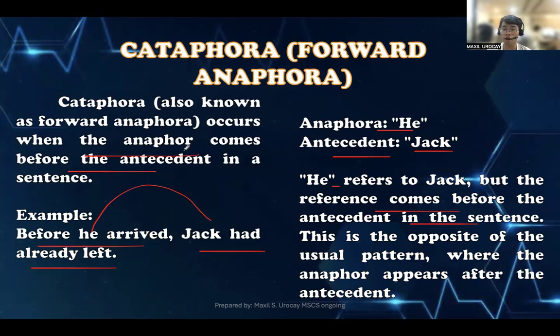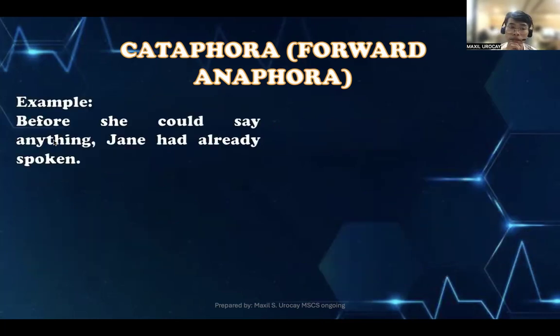So this is opposite to our usual pattern earlier, where the anaphora appears after the antecedent. So here, it's a bit complicated. However, we're able to still simplify the sentence. Now, another example here.